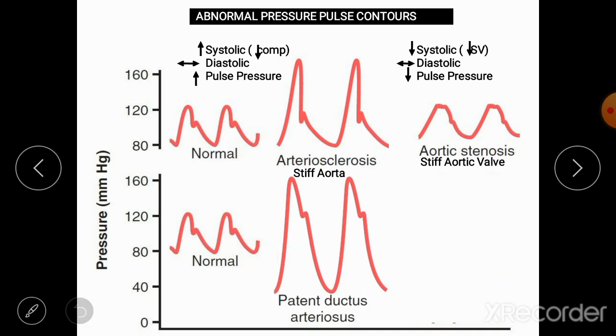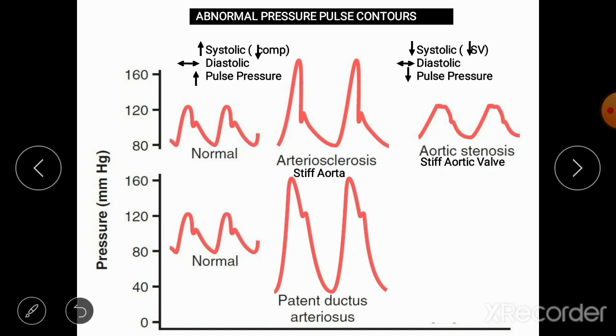during diastole. Now, another change that you see here is that the systolic blood pressure of the person with patent ductus arteriosus is also higher as compared to a normal person. While a normal person has a systolic blood pressure of 120, the systolic blood pressure of a person with patent ductus arteriosus can be as high as 160 millimeter mercury.